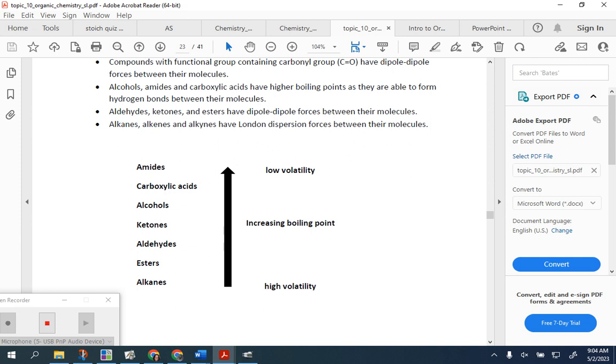So those are the ones that are going to have the highest boiling points out of our functional groups. Okay. So just either memorize this or think about the structures and why the alkanes versus the carbonyl groups versus the ones capable of hydrogen bonding would have different boiling points.